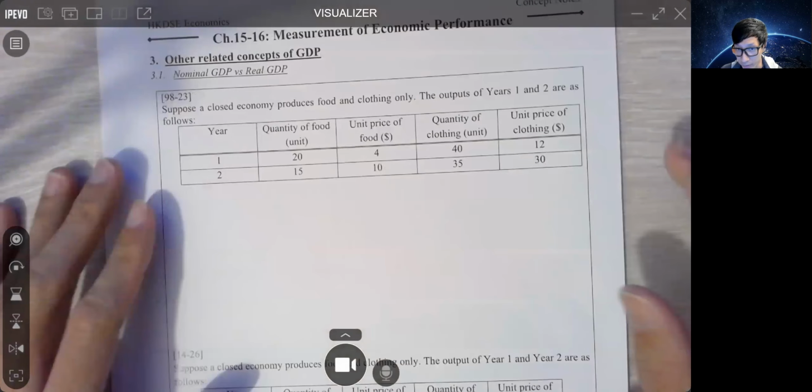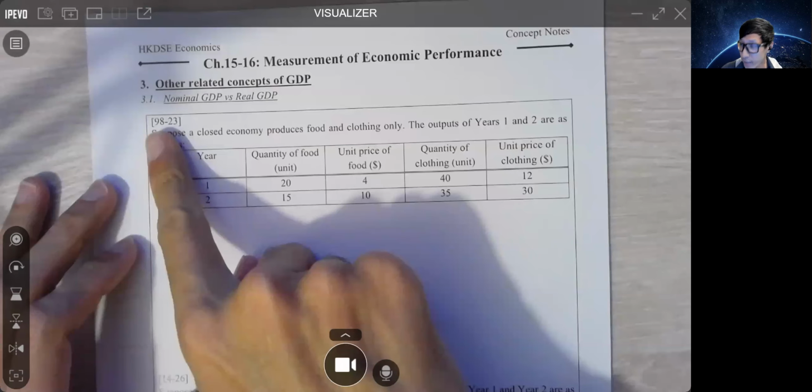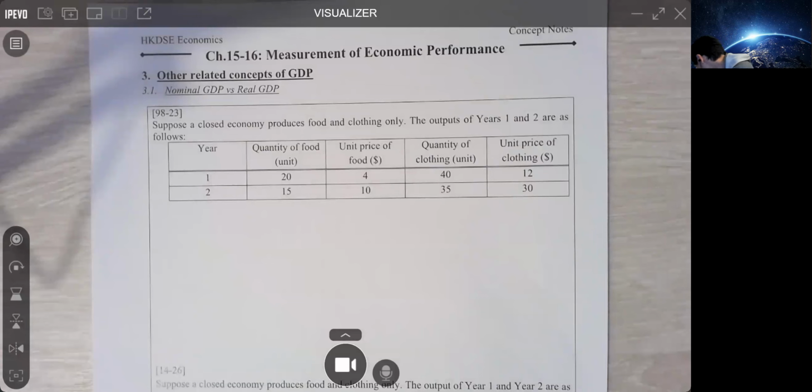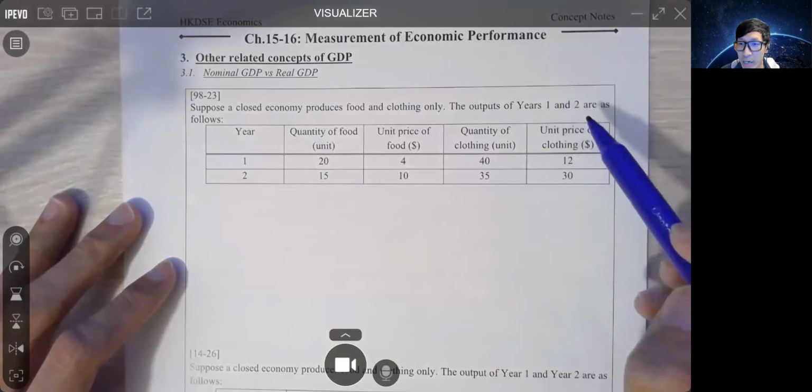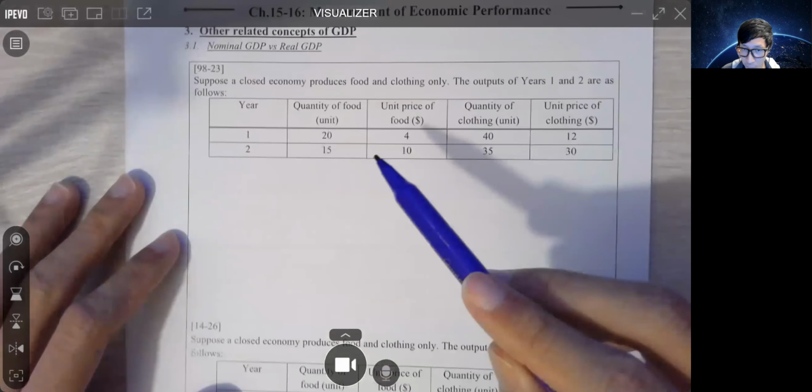Here you see this past paper, quite a long time ago actually, right? 1998. Suppose a closed economy produces food and clothing only, right? The outputs are as follows, right?